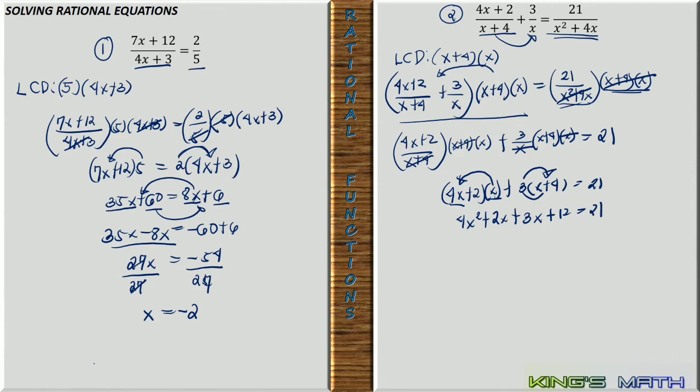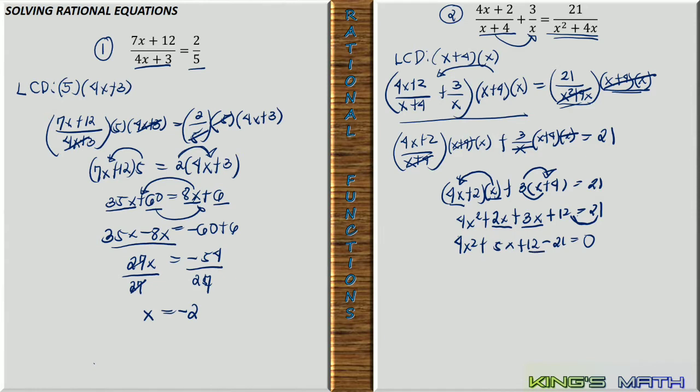To solve for the value of x here, we can apply factoring, but we first need to make our right side 0. So we have 4x squared plus 2x plus 3x, which is 5x, plus 12. We're going to transfer 21 to the left side, so it becomes negative 21, equals 0.